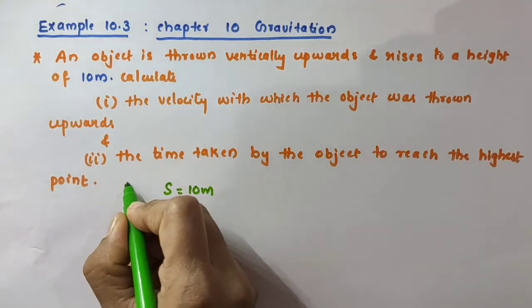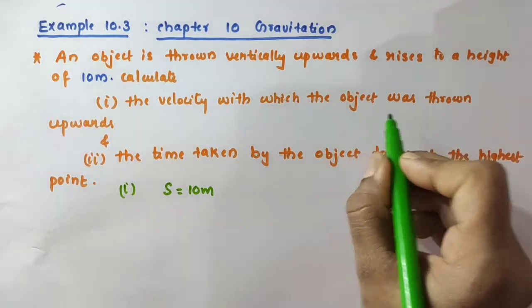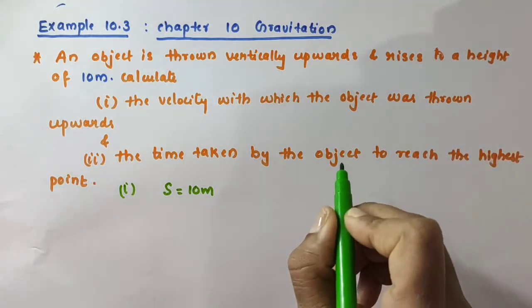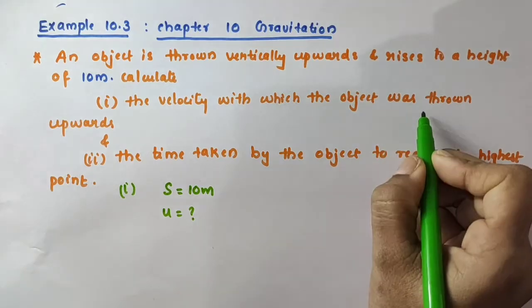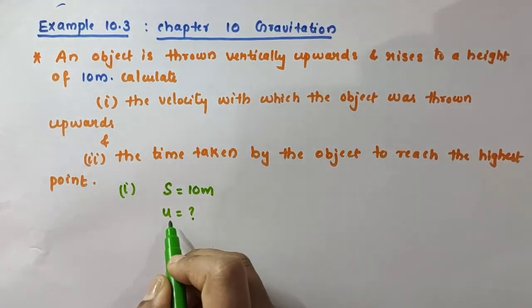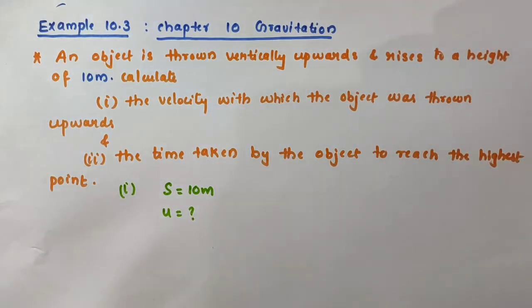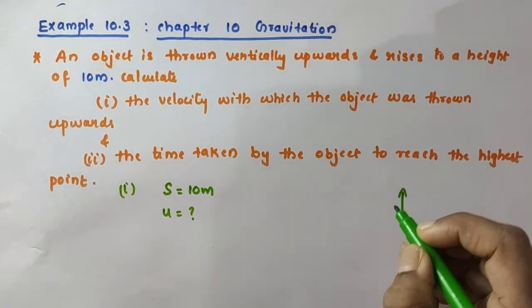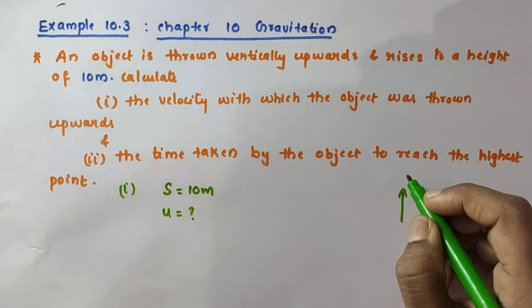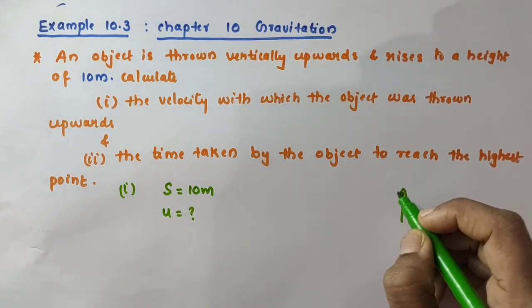First let us calculate the velocity with which the object was thrown upwards, that is, the initial velocity u. Once the object is thrown vertically upwards, it rises to a height of 10 meters.